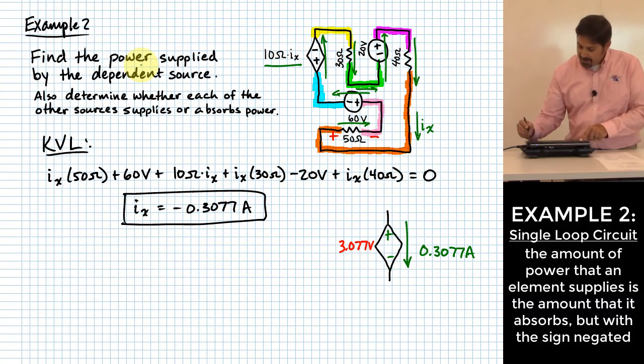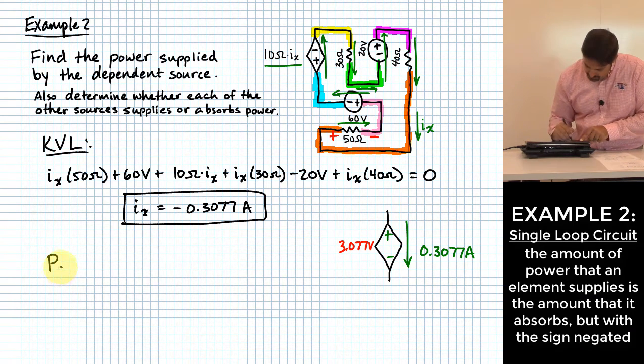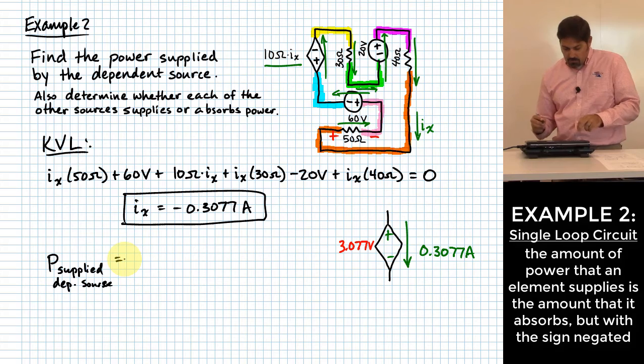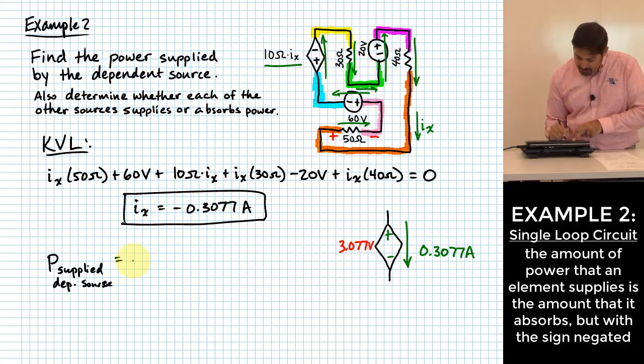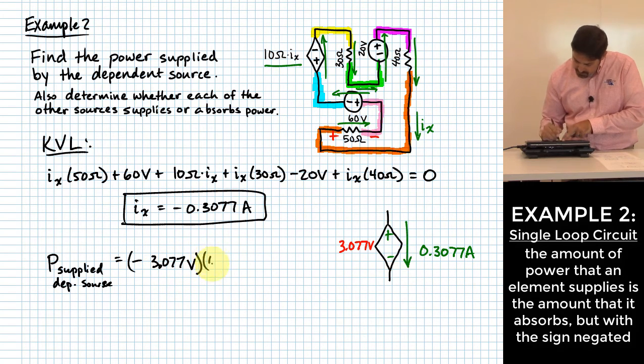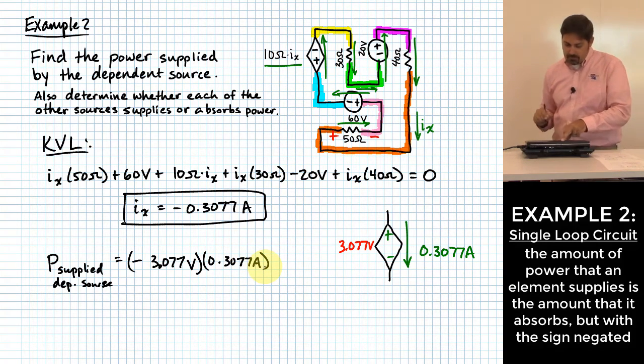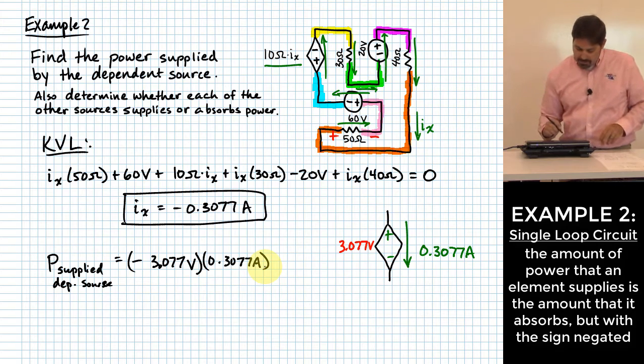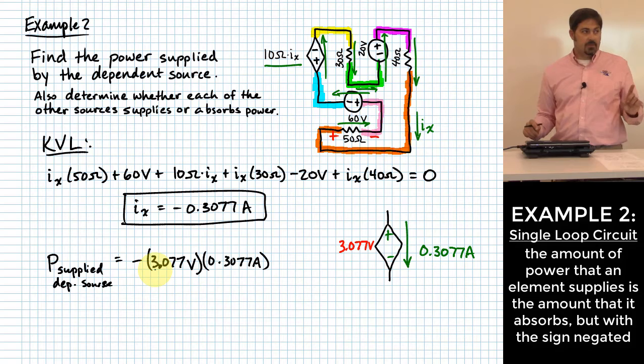So how do I determine that? P supplied by the dependent source is going to be actually minus (3.077 volts) times 0.3077 amps. Why minus?